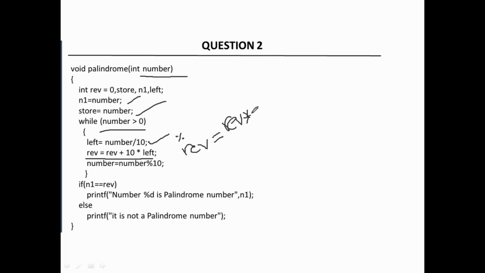The digit should move to the tens place, hundreds place, thousands place, like this. For that sake, we take it like this, guys. Reverse is equals to reverse into 10, and next we add the remainder. The remainder is stored in the left variable, so that one we should add. Yes, very good.